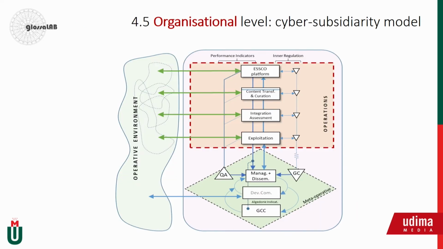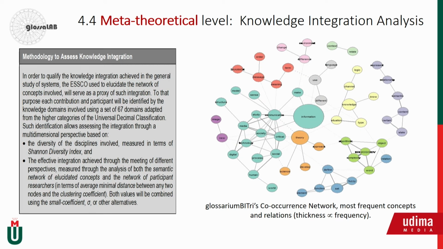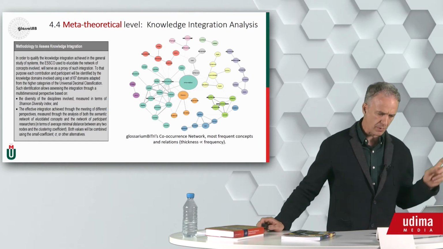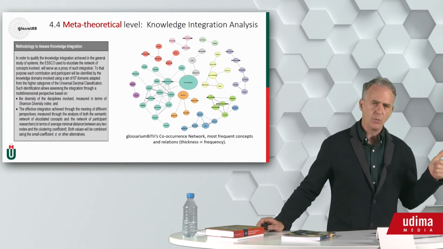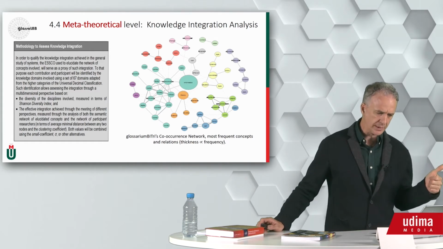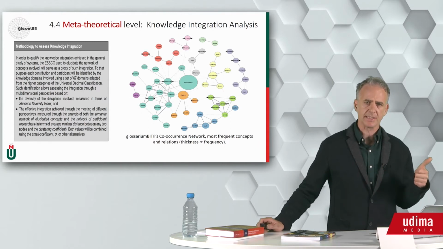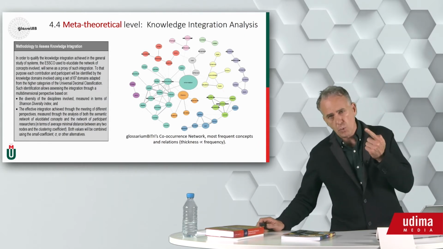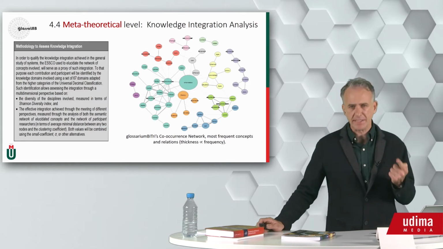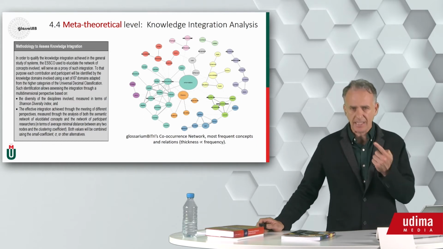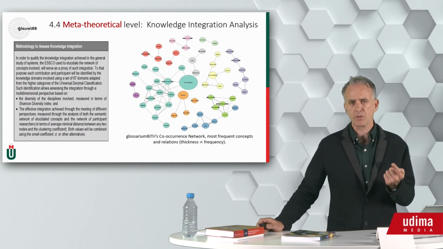Okay, so the two measurements that we want to use, I mentioned before. The diversity of the disciplines will be carried out through the Shannon diversity index, the same index that is used, for example, to qualify an ecosystem as very diverse. If it only has one species, or in our case, one scientific domain, it has no diversity whatsoever.